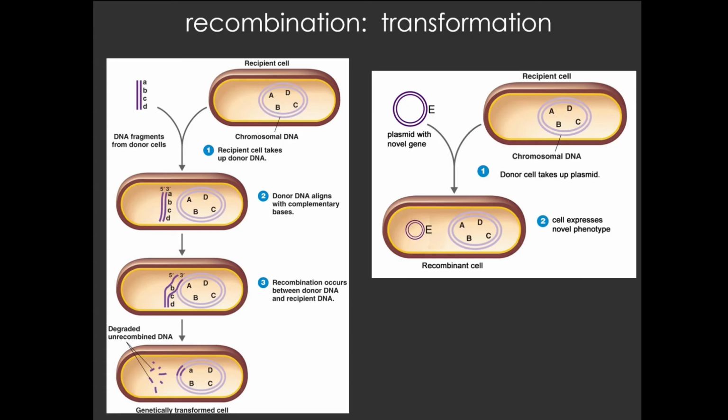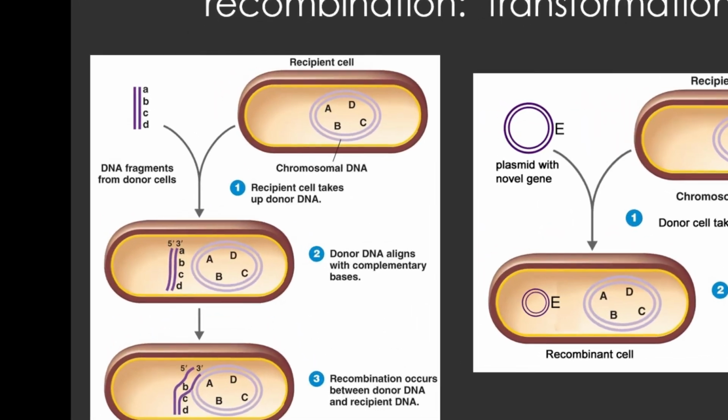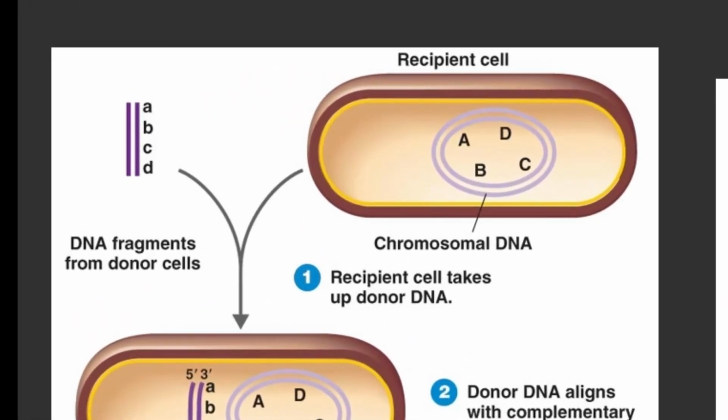But sometimes a recipient cell will take up these DNA fragments, and they're shown here with that typical genetics paradigm of big A's and little a's to show you that these genes that have been taken up with this new fragment of DNA are just alternate forms of genes that are already encoded in the chromosome of the recipient cell. So much like we have brown eyes and blue eyes, there might be two different genes that would code for a beta-lactamase gene that would make a cell antibiotic resistant.